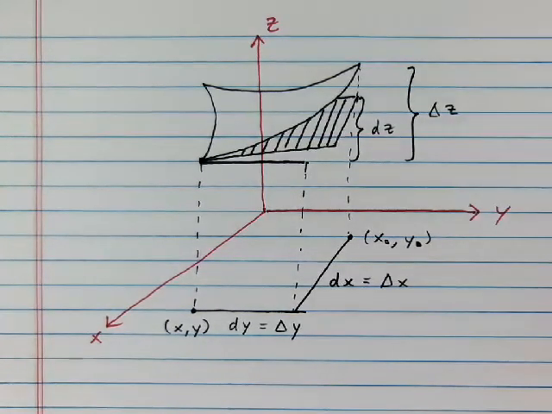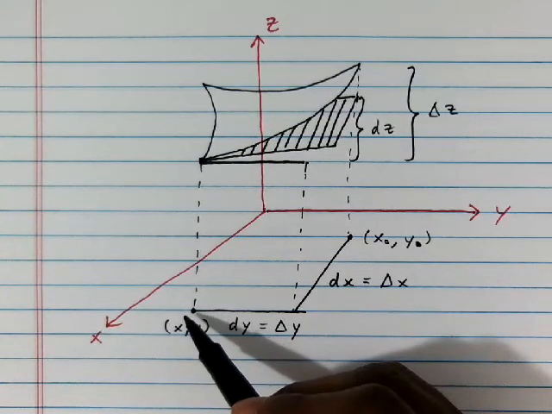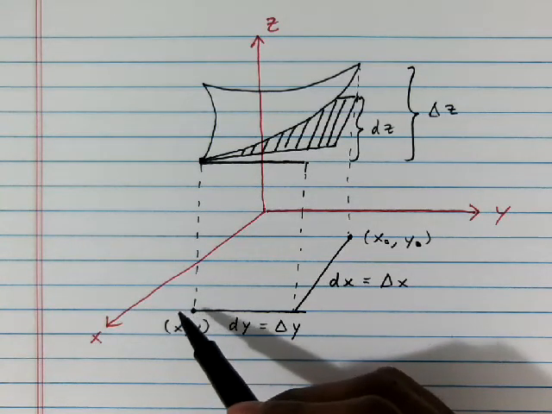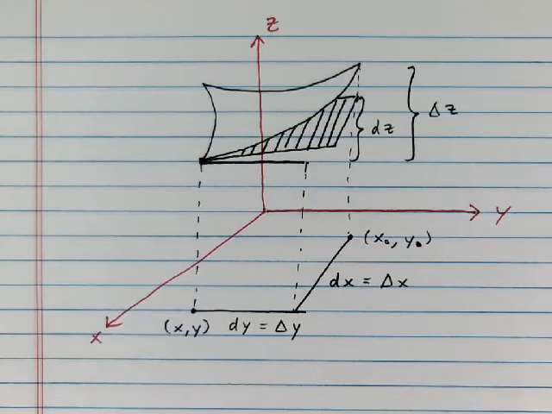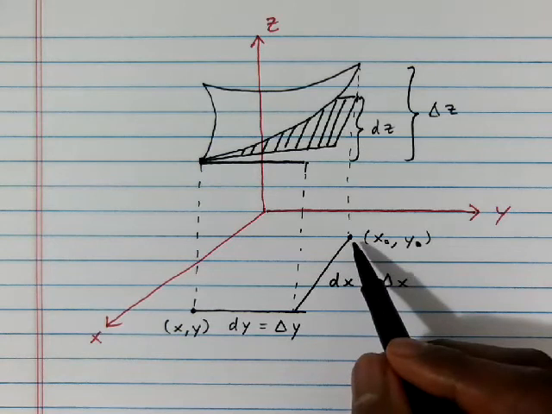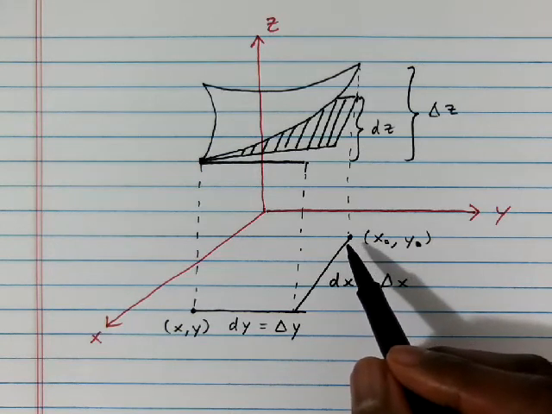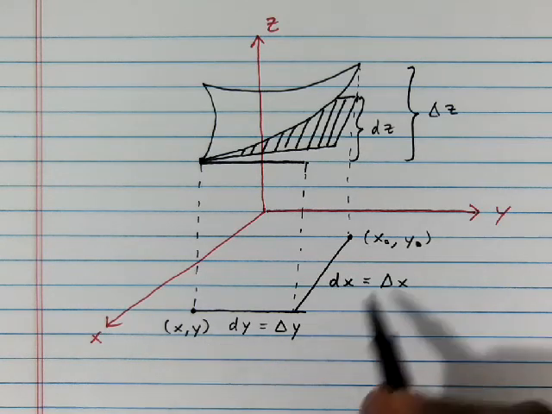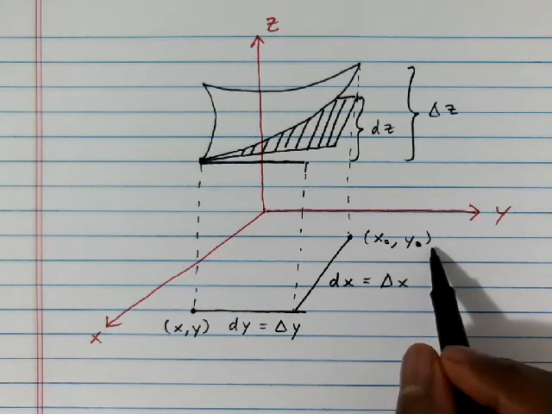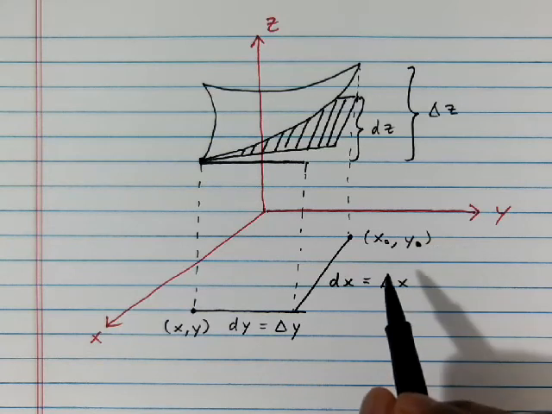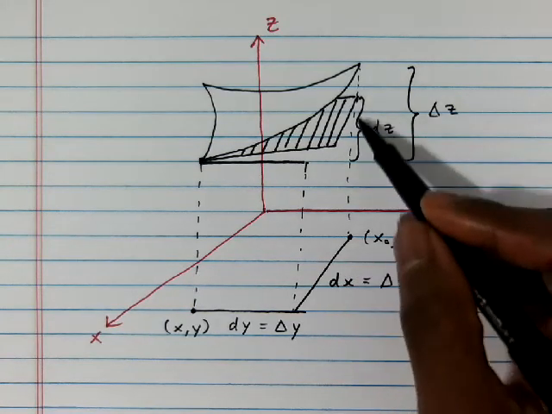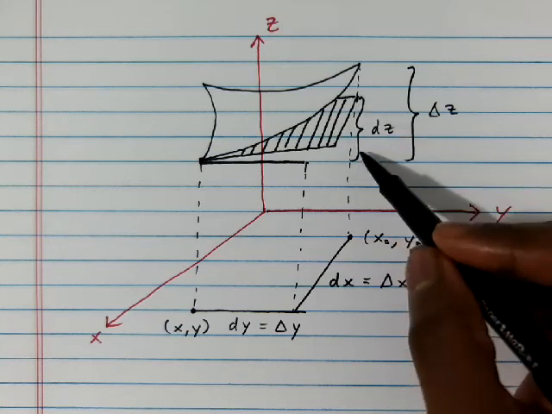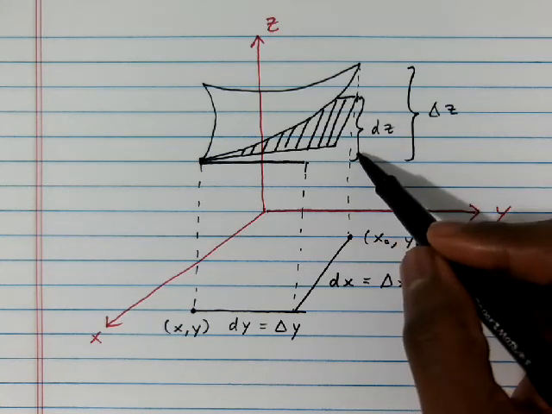That's delta z. So let me use the same points. The change from some point x naught, y naught to a new point x naught plus delta x. I probably should have called this one x naught, y naught, and then this one x naught plus delta x. But in our formula, the dz is the change in the tangent plane height, and it gives us an approximation of delta z.